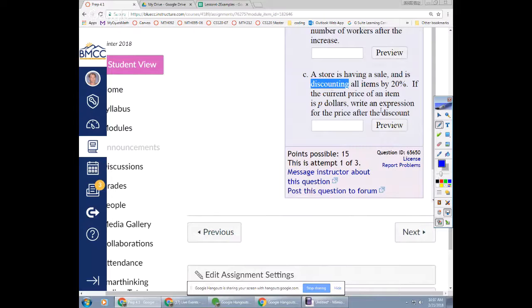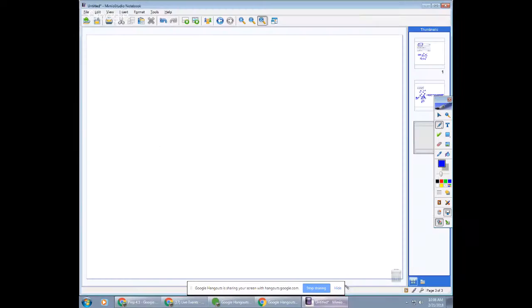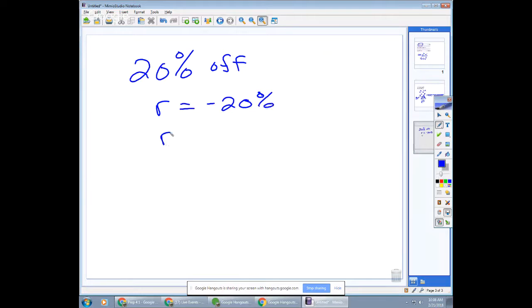So let's see, just after one discount. On that one right there, we've got 20% off. So that means our rate in this case is negative 20%, which is negative 0.2 as a decimal. Comparing that to 100%, we always take 1 plus r.